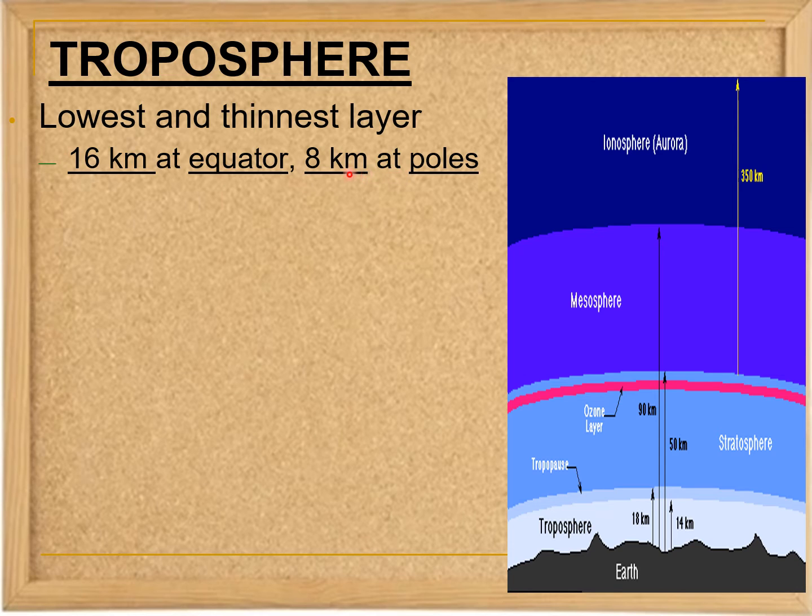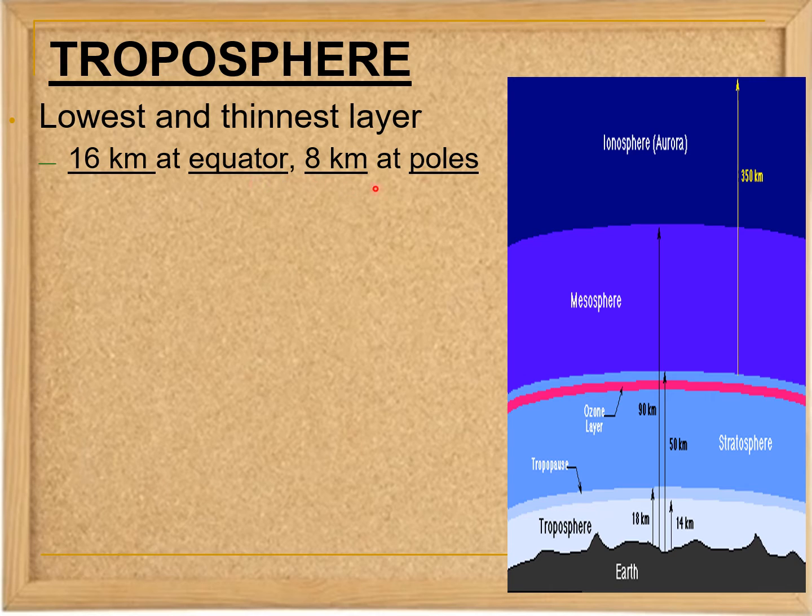That's because the equator receives more heat compared to the poles, so the equator is hotter than the poles. Remember the rule of kinetic particles: if it is too hot, the air molecules move faster and spread apart.